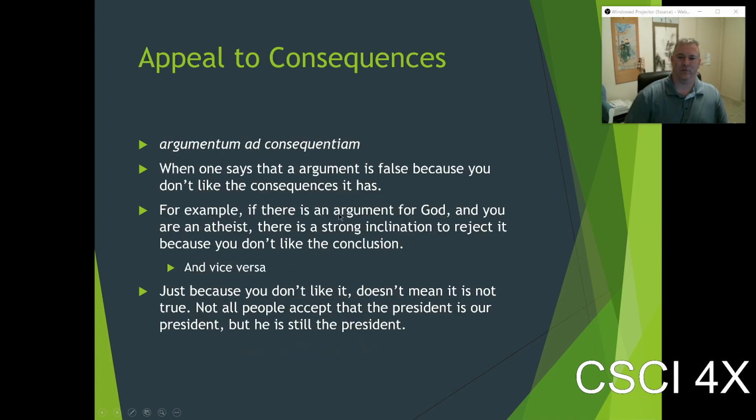Okay, appeal to consequences. So appeal to consequences is called argumentum ad consequentiam. And basically, something is true because I want it to be true, more or less.